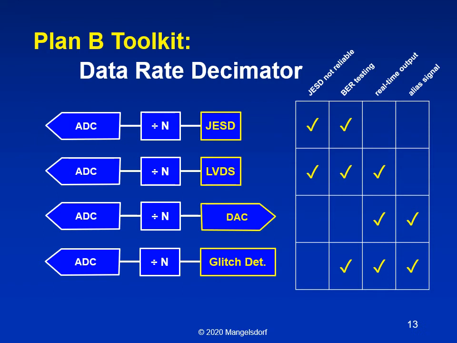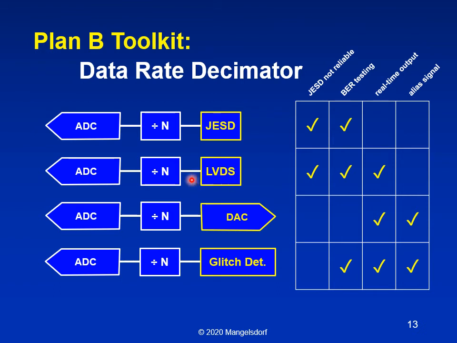Now, in many systems, you may not actually have access to the raw ADC data. It may be processed on chip some way. And if you don't have that, it's very useful to provide a set of low-speed digital outputs, so that you can look at the A to D. But many high-performance ADCs want to clock at a much higher rate than you can take on with a very low sample rate output.